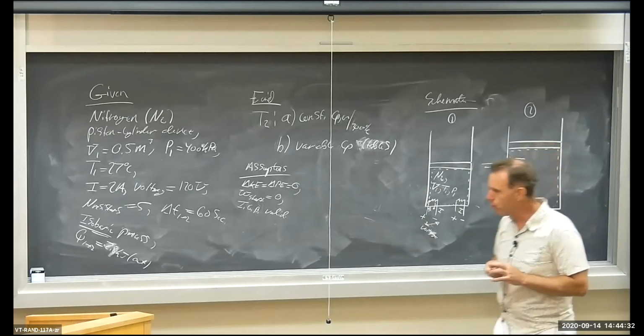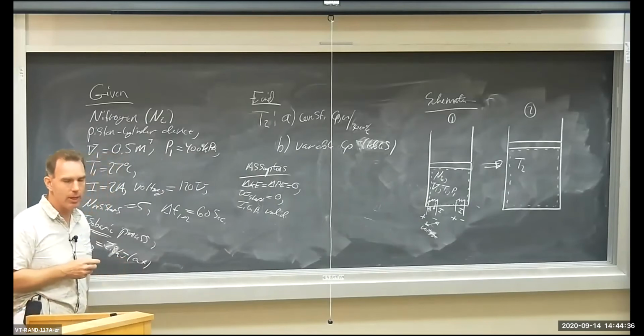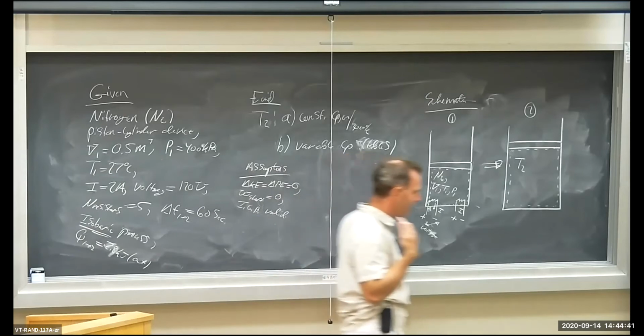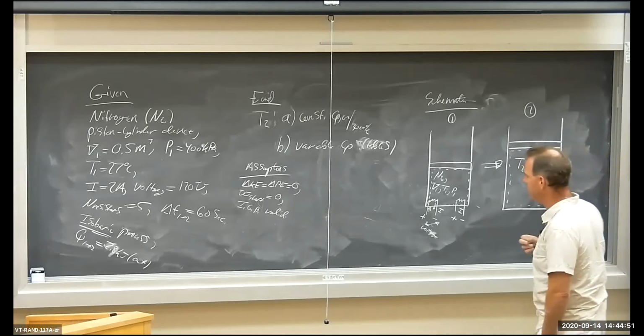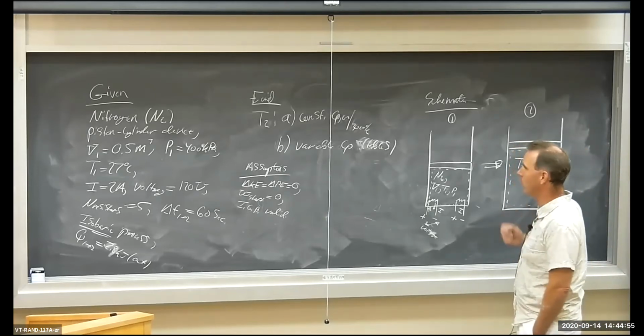And we lose 2.8 kilojoules out of the system. So we're heating up nitrogen in the piston cylinder device with some electric wires, some electric work, dissipating electric energy. We're losing some heat from heat transfer because the gas is getting hot. And this process is occurring isobarically from state 1 to state 2.